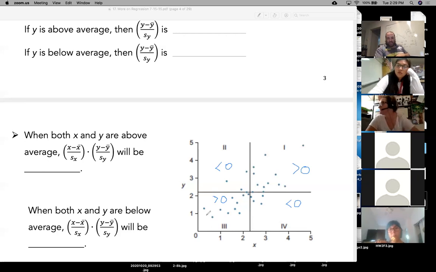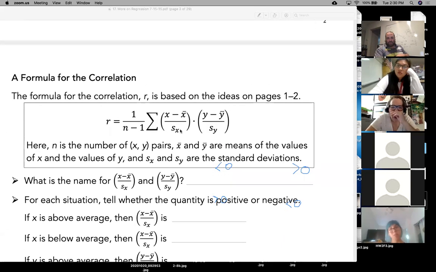Yeah. So if I have a positive association, then I expect lots of positive numbers and not very many negative numbers. So that's why, if I add them all up together, do I expect it to be positive or negative?